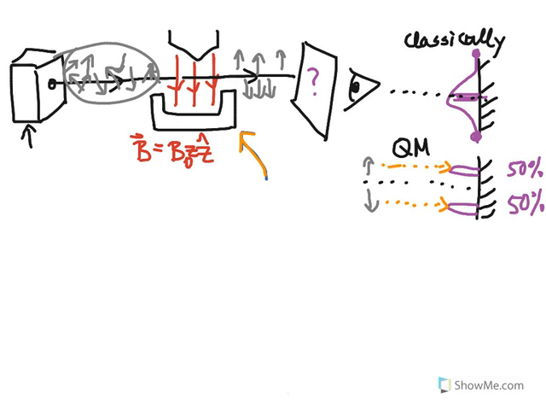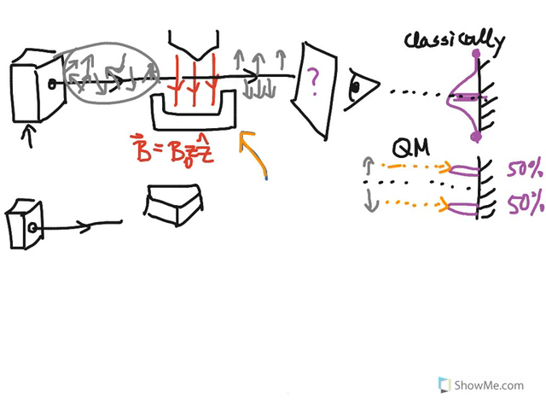So let me draw another picture. Let's say instead of doing that, and you're shooting the same cloud of dipoles, I'm really bad at drawing, but the basic idea is something like this.